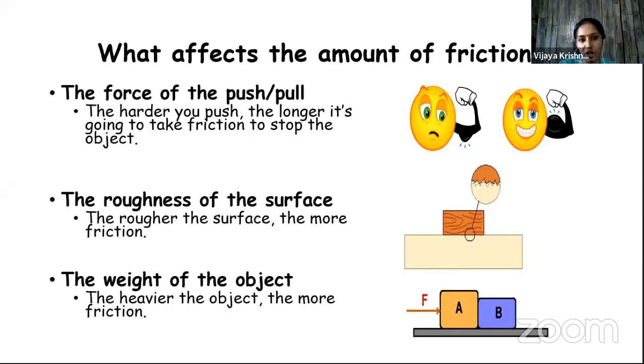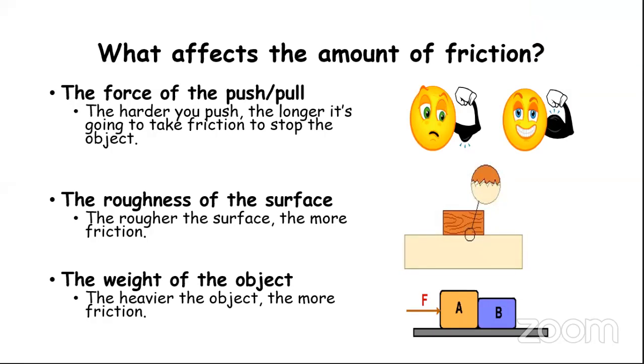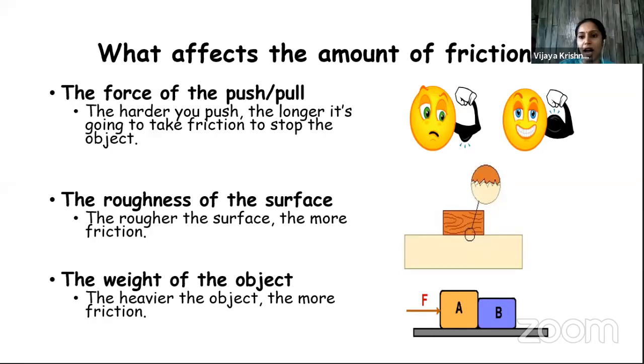What affects friction? So, the force of the push and pull. The harder you push, the longer it is going to take the friction to stop the object. So if your force is higher, it's going to take friction force much longer in order to stop the object. The second thing is the roughness of the surface. So as we all know, the rougher the surface, the more the friction.